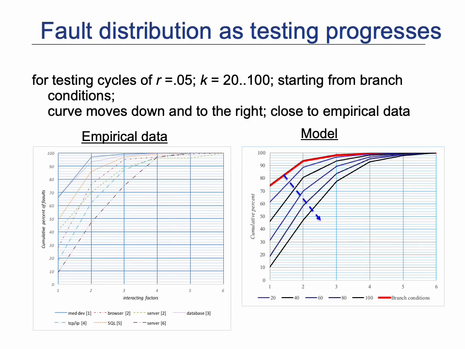K for different values will start from the distribution of the branch conditions, and with testing cycles, the curve moves down and to the right. So this is quite similar to the empirical data that we have seen, where the most heavily used applications have the fewest faults of single factors, two factors, and so on.